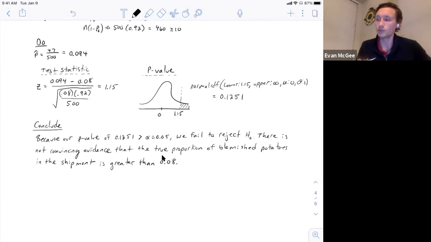For example, if we say something like there is convincing evidence that the true proportion of blemished potatoes is 0.08, then we won't get full credit, because the only time we have convincing evidence is when it's against the null. So we either have convincing evidence or we don't have convincing evidence. And when we don't have convincing evidence, then we fail to reject the null.